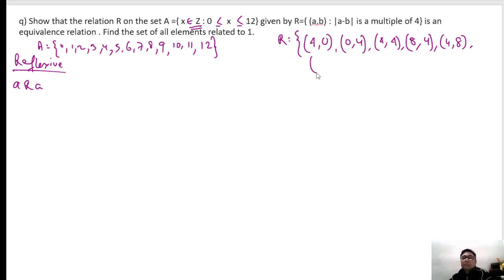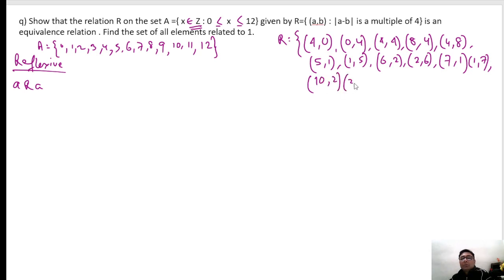and then I can choose 5, 1, 1, 5. I can choose 6, 2, 2, 6. I can choose 7, 1, 1, 7. I can choose 10, 2, 2, 10.